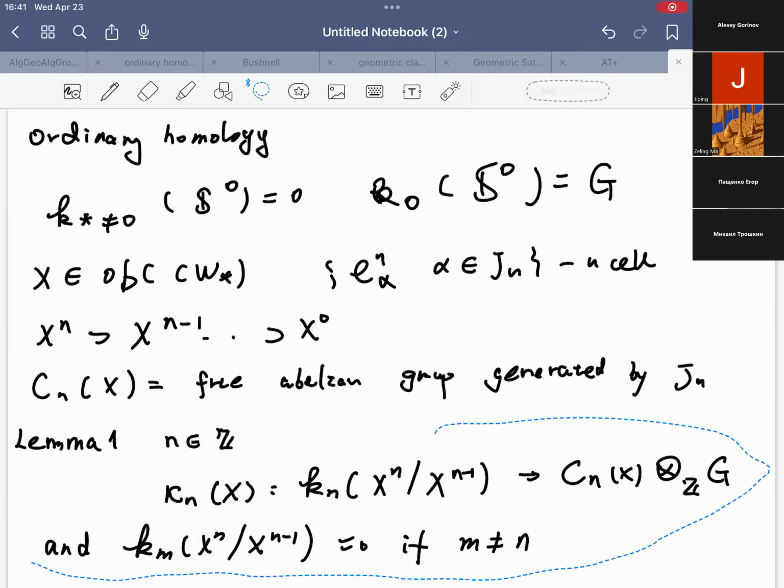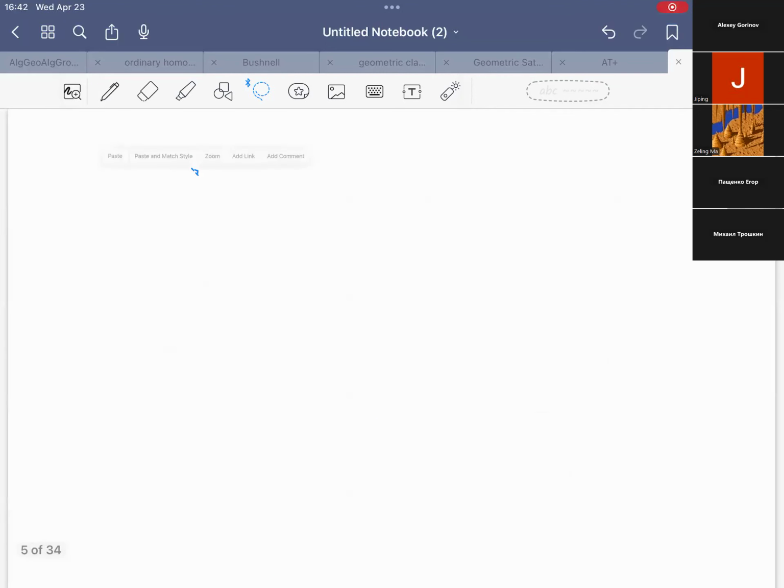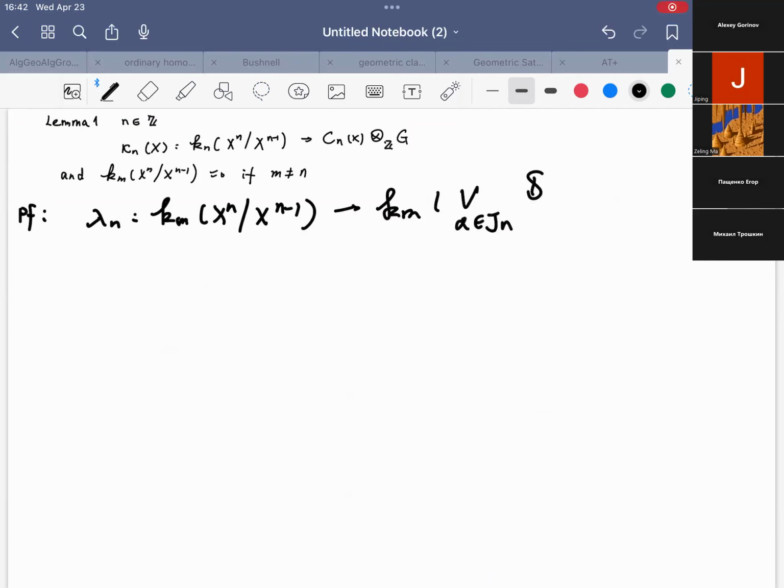This problem may be easier because you know there is the isomorphism from K_m(X^n, X^{n-1}) to the wedge product: if you take X^n and quotient out the X^{n-1} part, it will look like a wedge product of spheres.